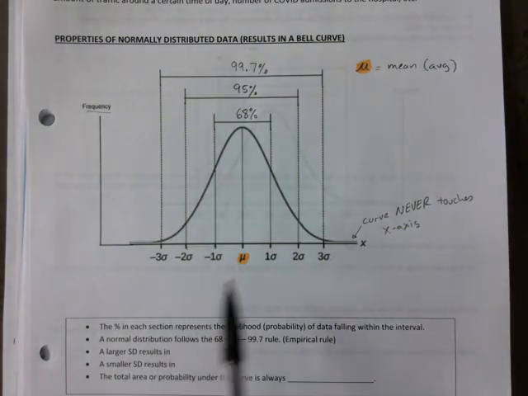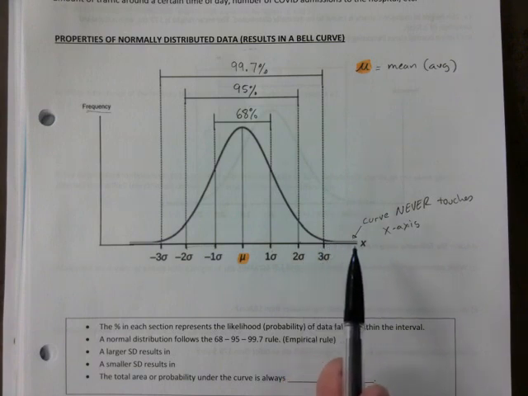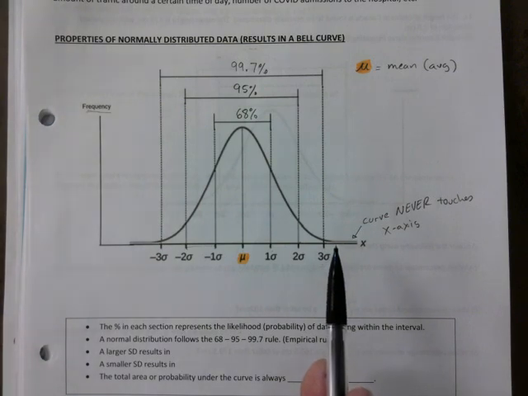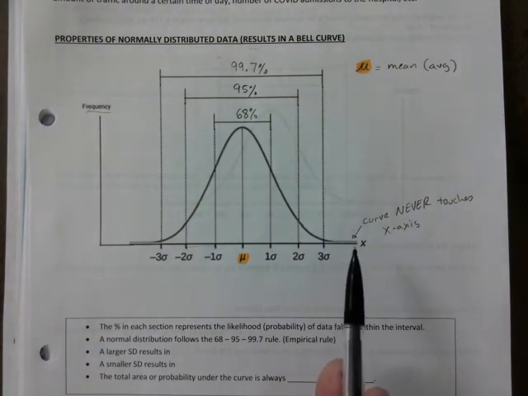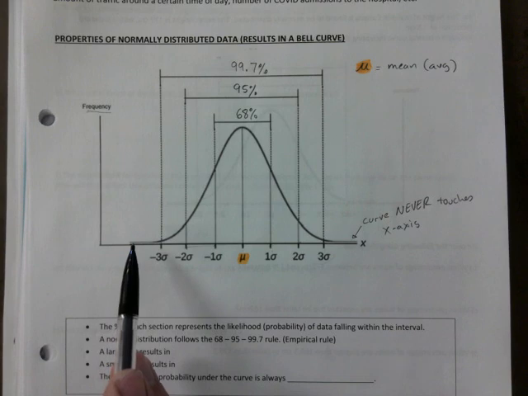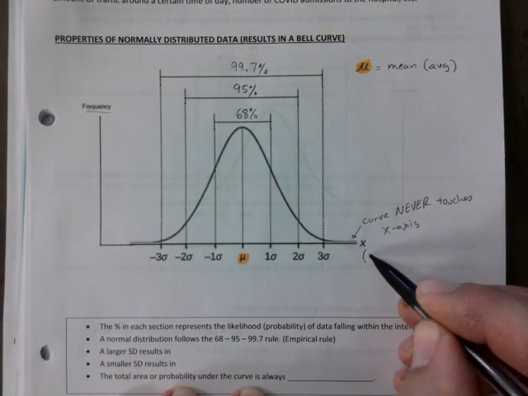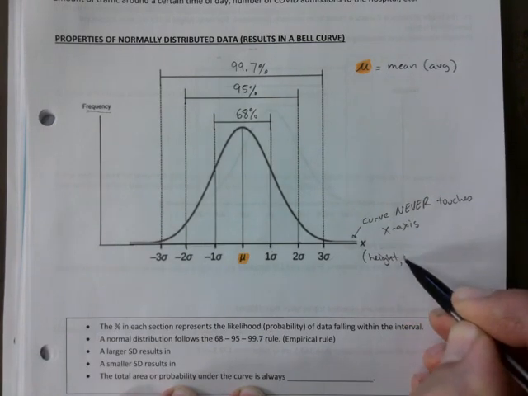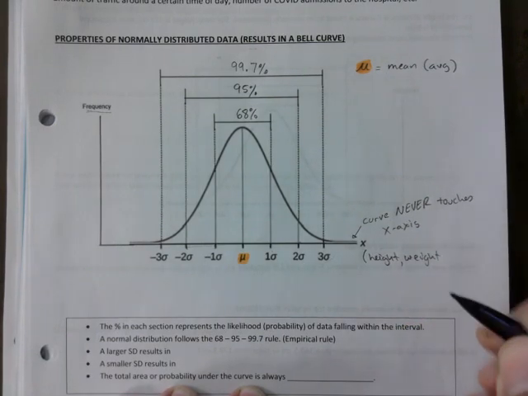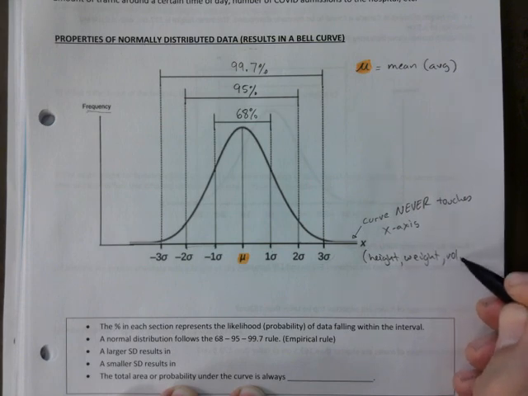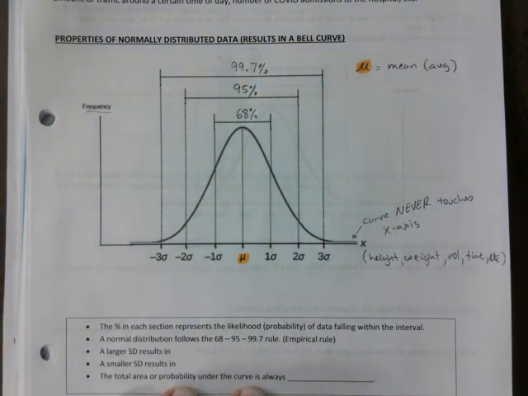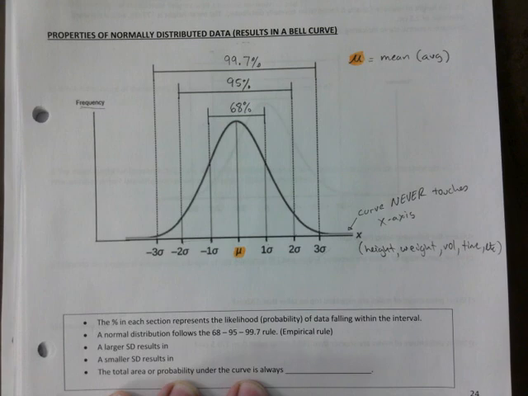There's always a chance that a person might be outside of the 3 standard deviations, or an animal or object, whatever, right? So we never touch the x-axis, okay? That's very important. And along the x-axis, you might have height, weight, volume, time, etc. Okay, so that's dependent on the problem, the context at hand.